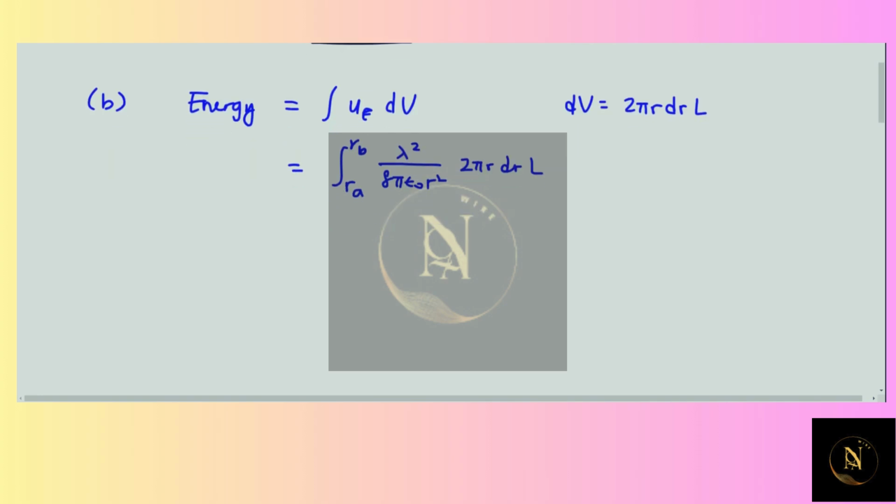Right, so we have plenty of constants, and we also cancel out some things. We have lambda square L over 4 epsilon naught.